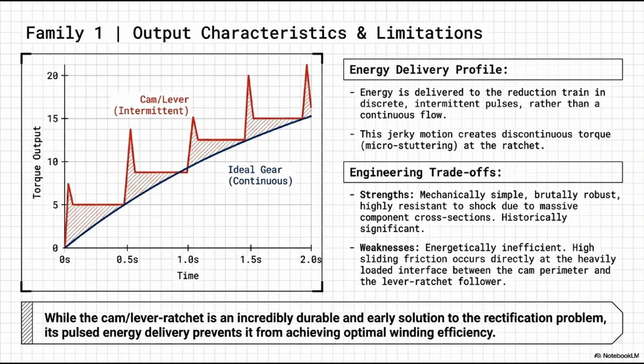It is energetically highly inefficient. Look at the design. There is extreme sliding friction occurring directly at the heavily loaded interface between the spinning cam perimeter and the inner wall of the lever ratchet follower. It bleeds kinetic energy as heat and wear. Its pulse delivery prevents it from achieving the optimal, silky smooth winding efficiency demanded by modern luxury calibers.